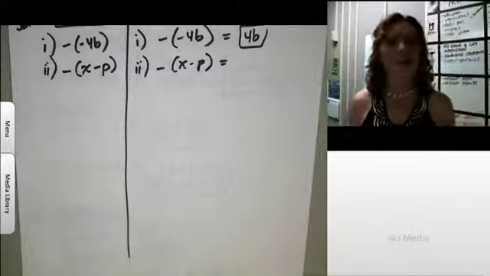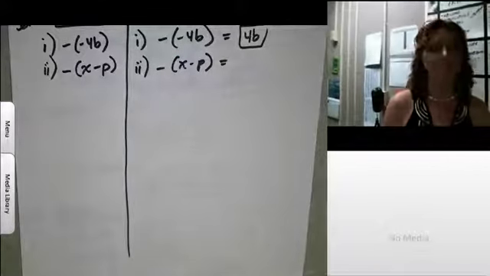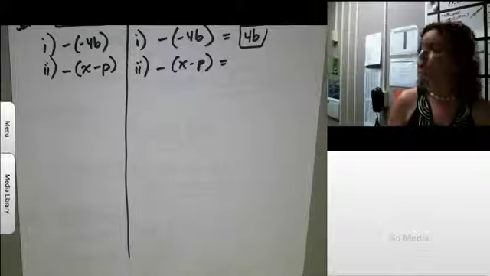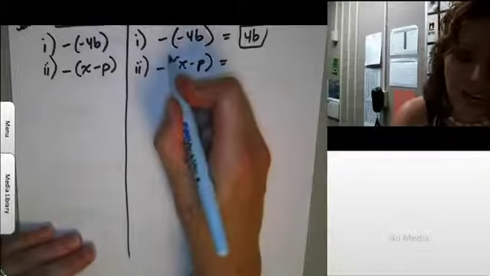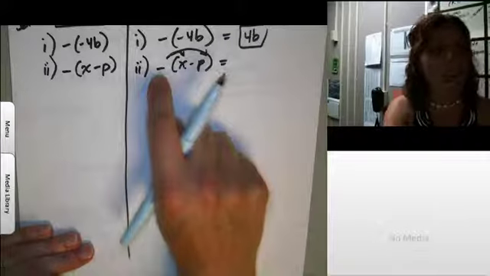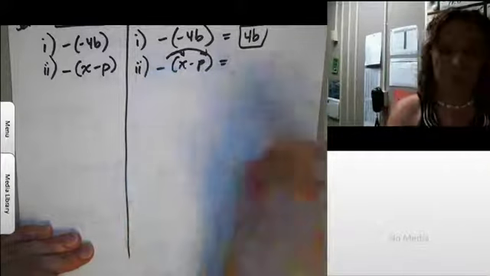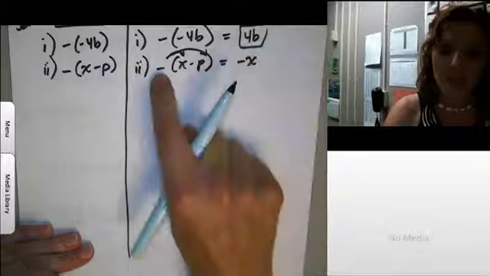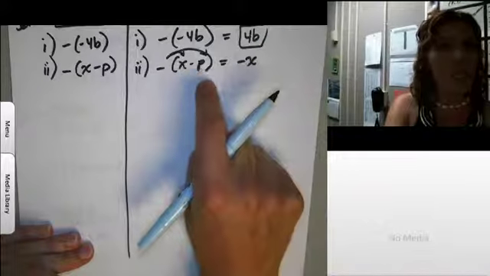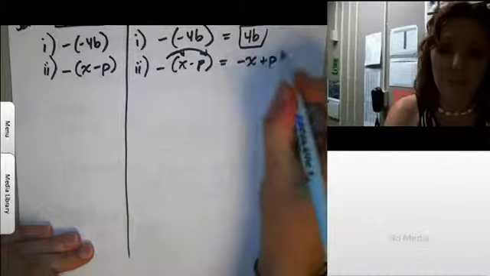So what is the property that we're trying to use in this one to simplify this? Good, distributive property. So we're distributing the negative sign to what's in the parentheses. So negative times x is negative x. Negative times negative p is positive p.